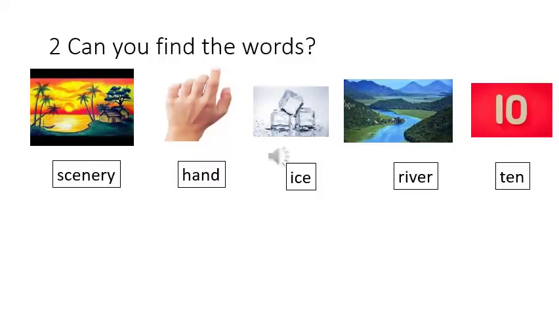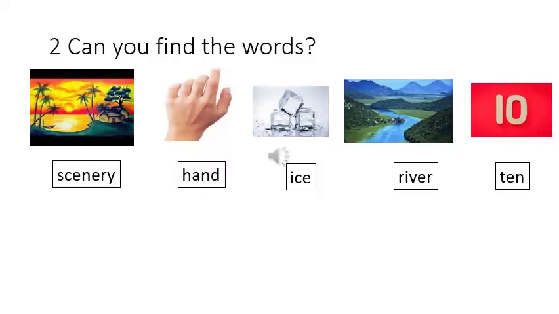And the last one is number 10. P-E-N, 10. Now, you have got 5 words. Which are the 5 words? Number 1, scenery. Number 2, hand. Number 3, eyes. Number 4, river. And number 5, 10.